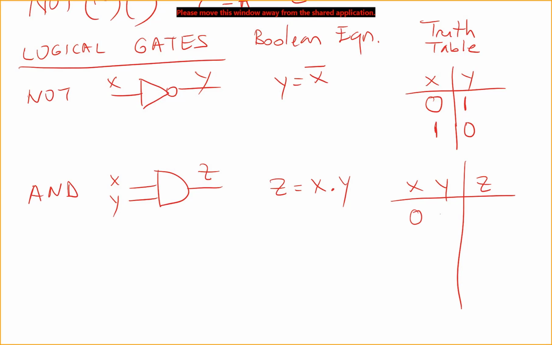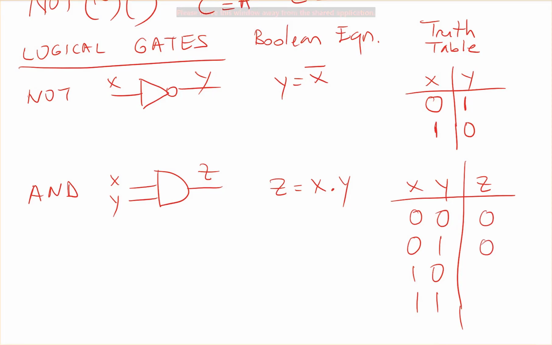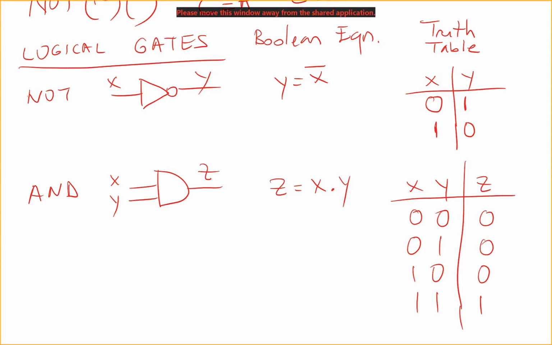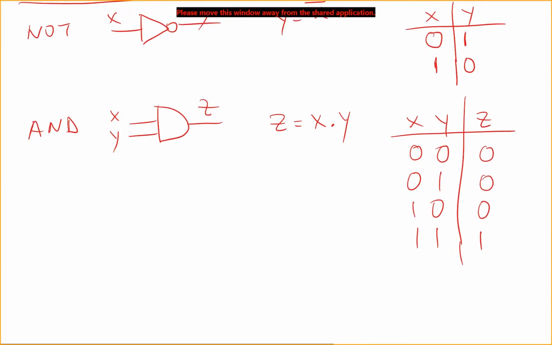X could be 0, Y is 0. X could be 0, Y is 1. X is 1, Y is 0. X is 1 and Y is 1. So these are the 4 possible inputs. What is the output? This is 0, 0, 0 and 1. So in the AND operation, if any of the inputs is 0, the output is 0. So output is 1 if and only if all the inputs are 1.